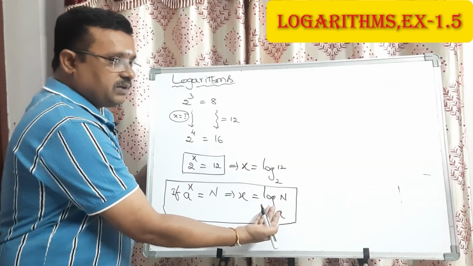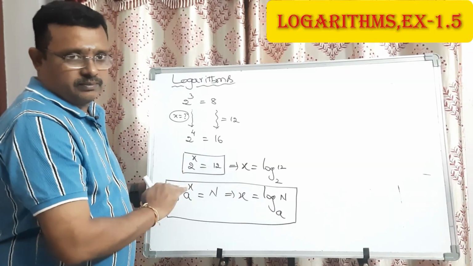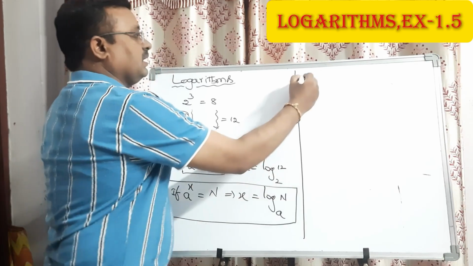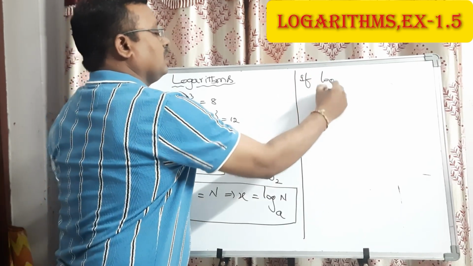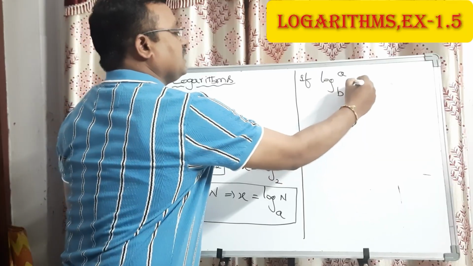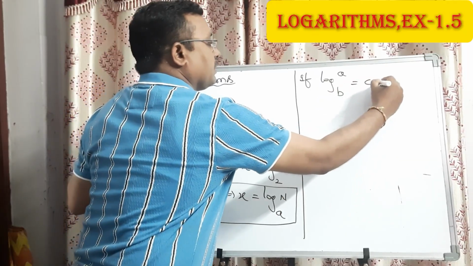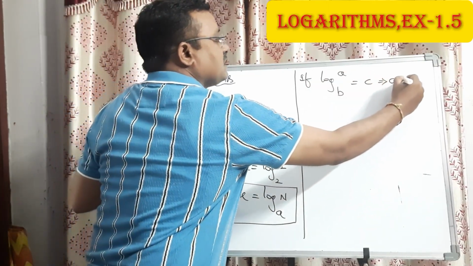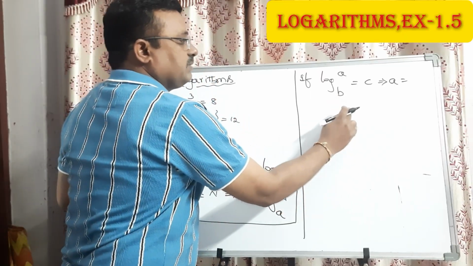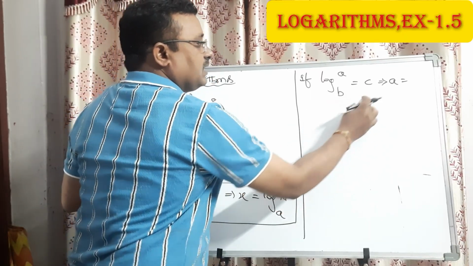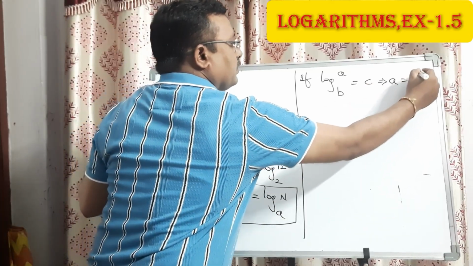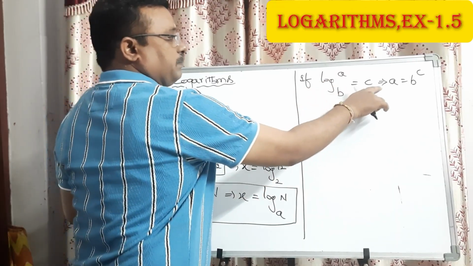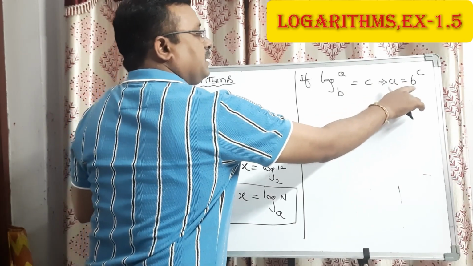In the same model, logarithmic form to exponential form you can also transform. How will that be? See this one. If log a to the base b is equal to c, then it implies a is equal to b power c, because the logarithmic base goes to the other side of the equality as the exponential base with power c.